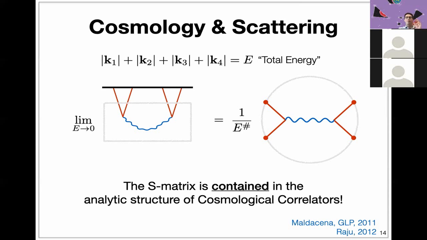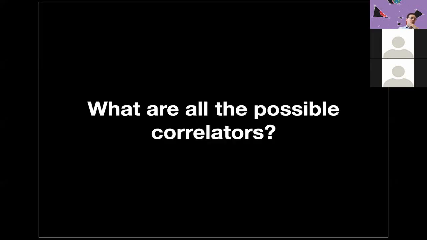This is important to keep in the back of your head, because if you ask how we are able to know that we'll be able to go so much farther than we have been so far in the study of cosmological correlators, it's because of this deep connection to flat space scattering amplitudes.